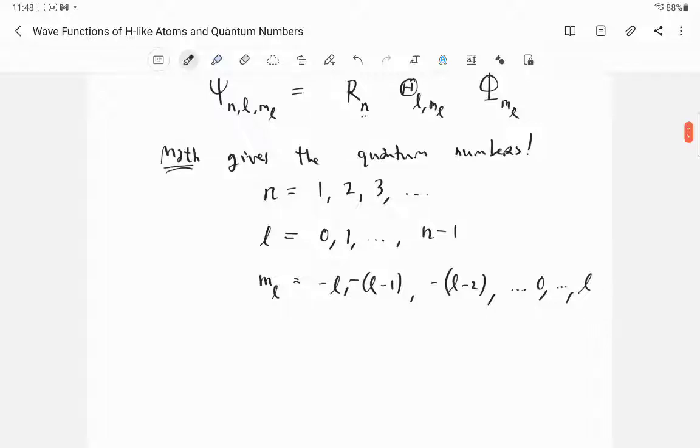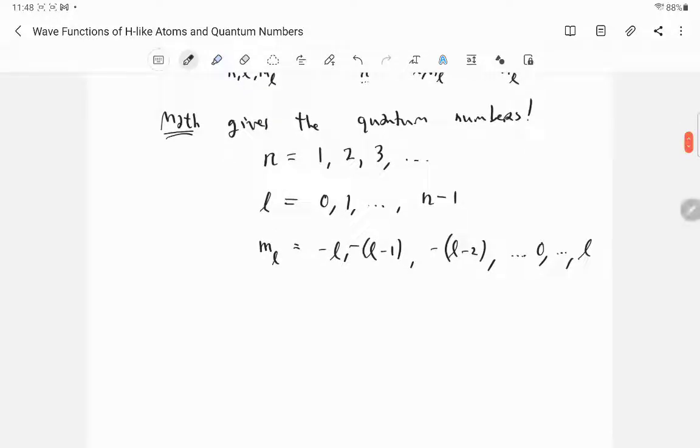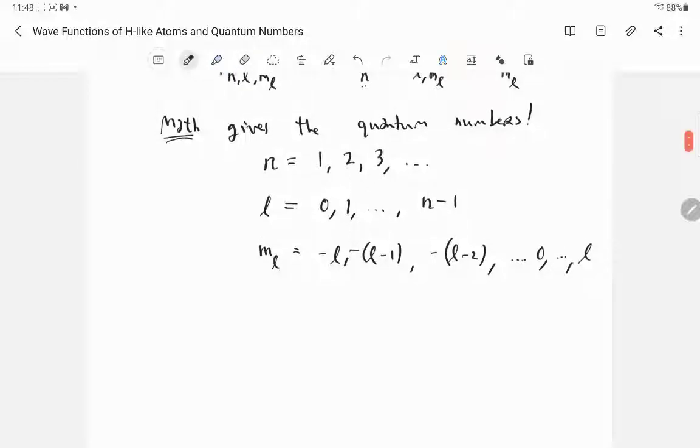All right, and so here's an example. You can look up these functions.